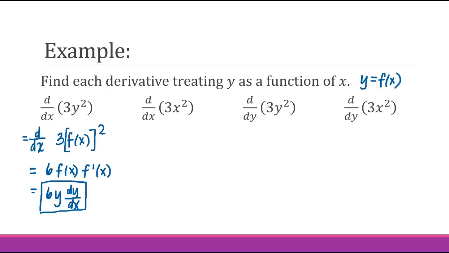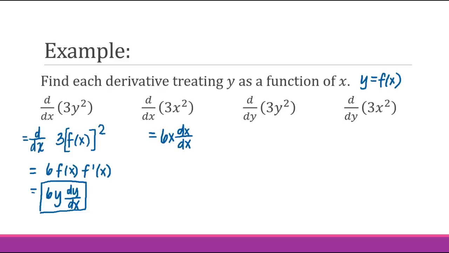I have take the derivative with respect to x of 3x squared. Since the variables here match, we don't have a problem. Essentially, it's just 6x. We've done the power rule before, and the only difference here is these are the same variables. So we get just 6x. And if we thought about this as the chain rule, the derivative of the inside, the derivative of that x, is just 1, because it's kind of like doing dx over dx.